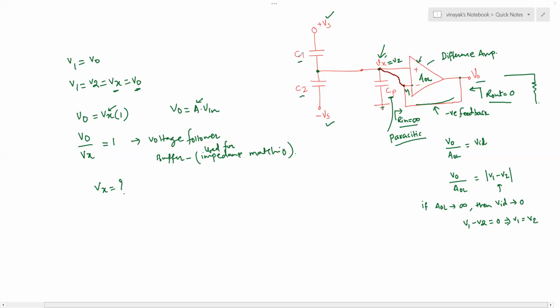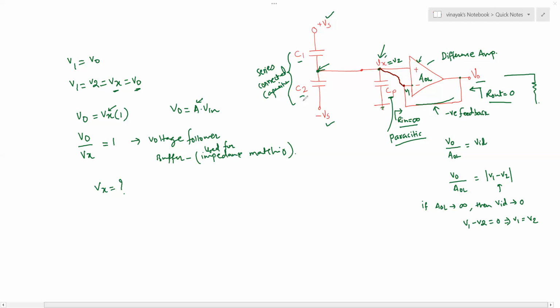So we see that there is a series combination of these two capacitors, series connected capacitors, and then at both the ends, we have the positive supply and the negative supply, plus and minus Vs. So we can actually get the voltage across the capacitors C1 and C2.